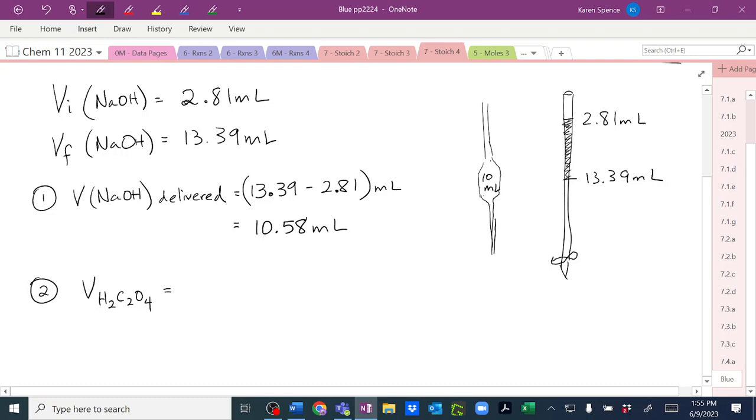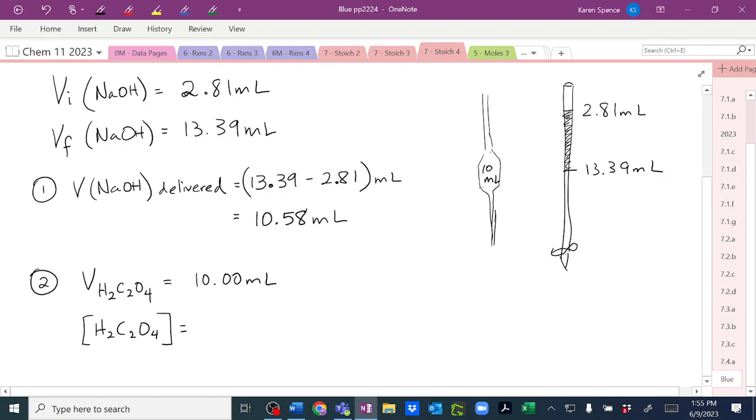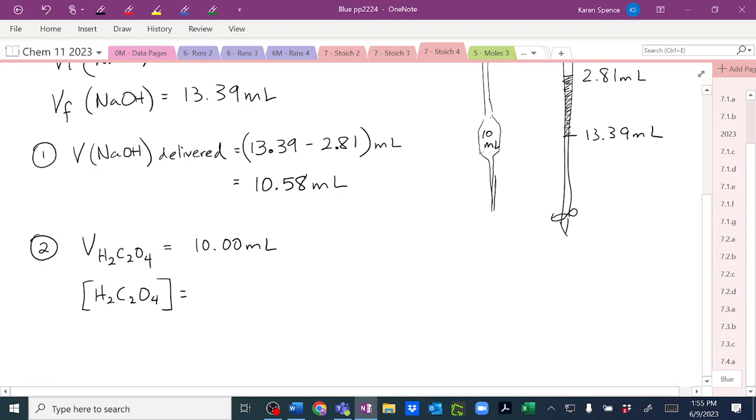That was our 10 milliliter pipette, so we had 10.00 milliliters. And we know the concentration of the H2C2O4 because we measured out the grams, converted it to moles, and divided by volume, and we got 0.0500.